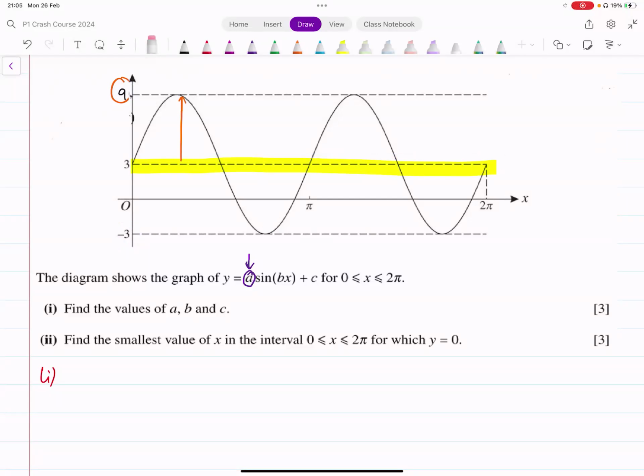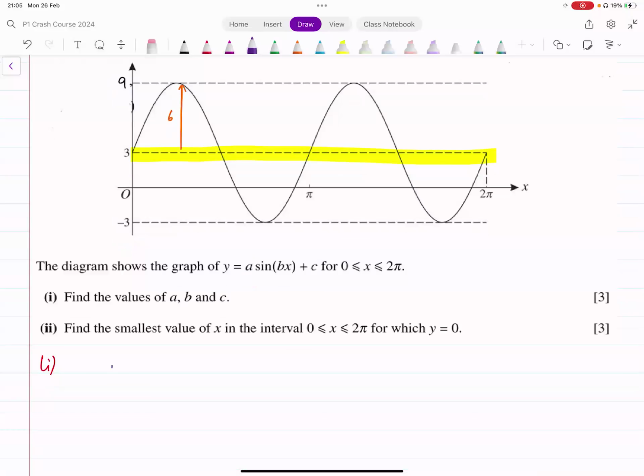And this A that's multiplying outside, that represents the amplitude. So if this value is 6, you can say A is supposed to be equal to 6. So we have the value of A from that. A equals 6. Okay. Then this C is also pretty straightforward. C, remember, we said represents the baseline of the graph. The baseline of the graph is moved to 3. Originally, it was supposed to be 0.